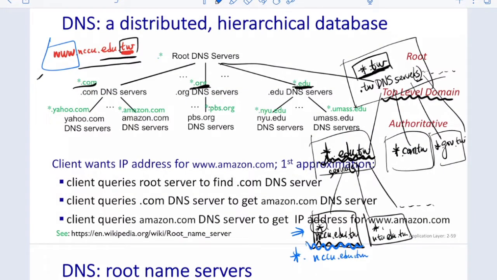But there's one important thing: there are hundreds of servers that can resolve top level domains, but when you want to contact a top level domain server, how do you know where those servers are? Because there are hundreds of top level domains. So let's take a look right here.